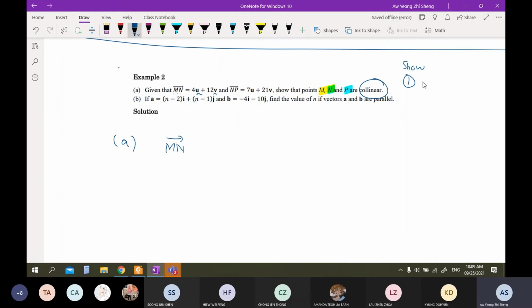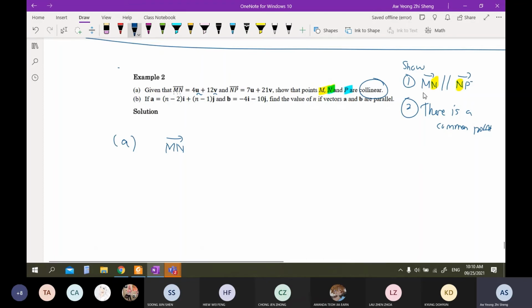The first thing is to show that MN is parallel to NP. The second thing to show is to note that there is a common point. In this case, the common point involved will be N. N is a common point. And then at the end only you conclude.